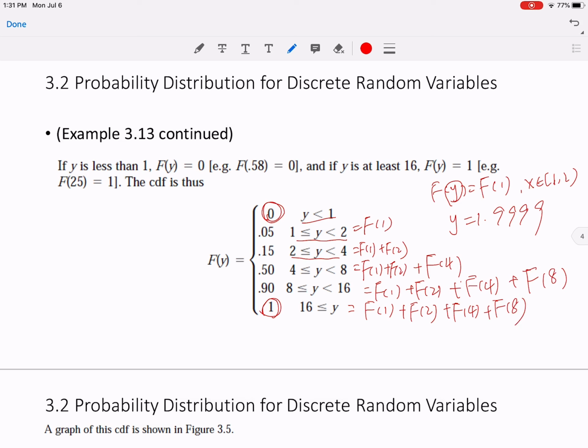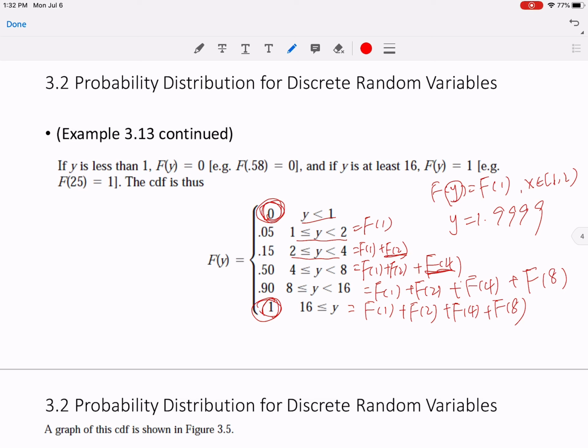Now just always keep the idea in your mind. The CDF always starts with the probability 0 and ends with probability 1. Why is this called a cumulative distribution function? This makes sense intuitively, because every time we are adding one more value to the previous probability.